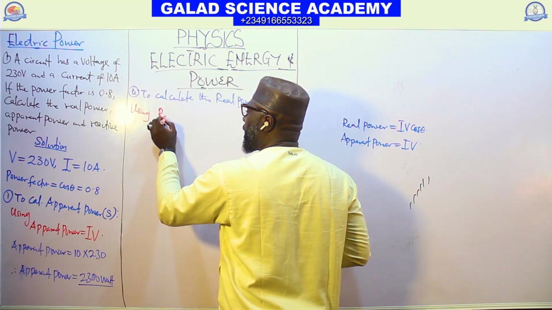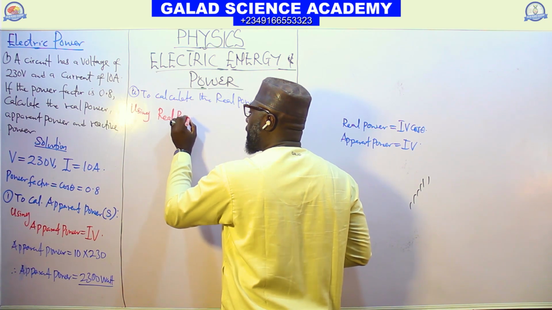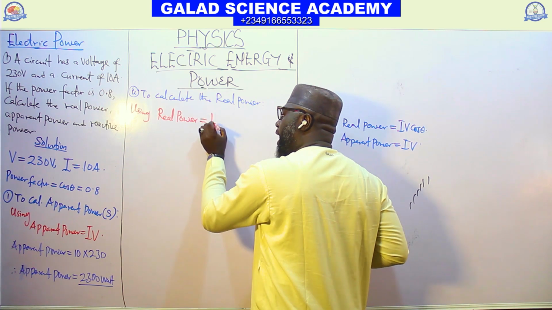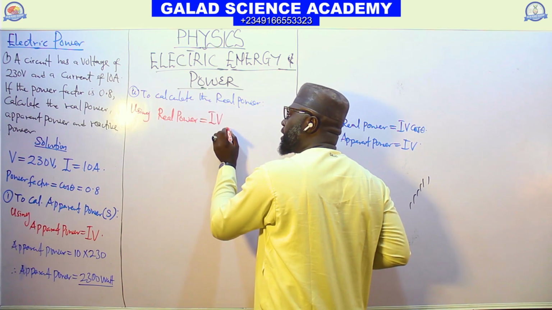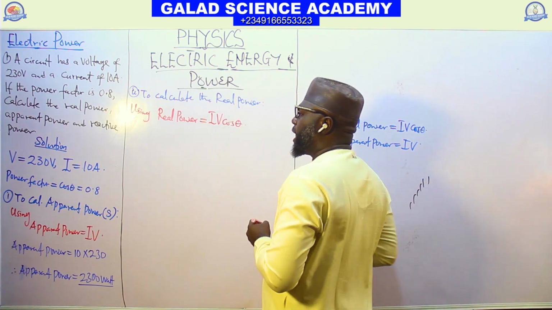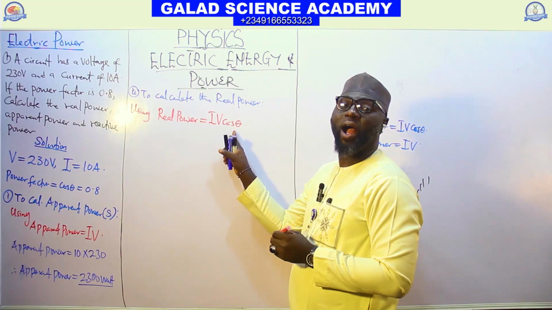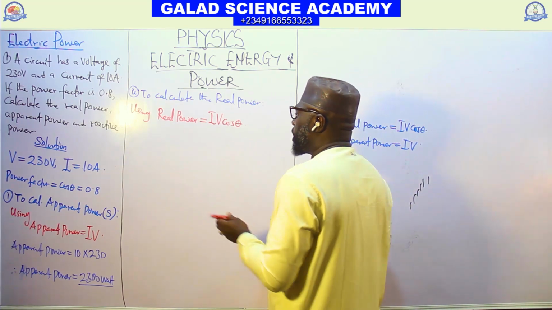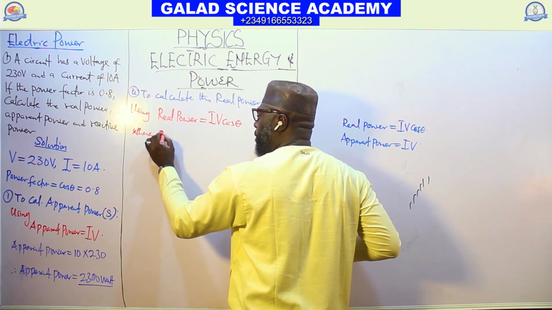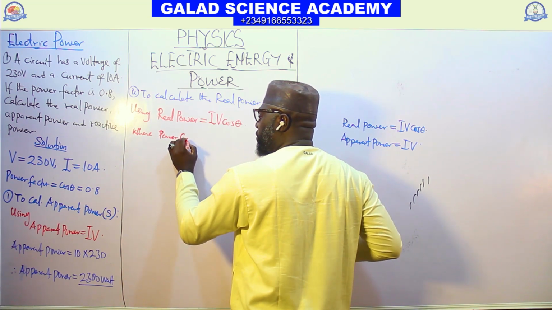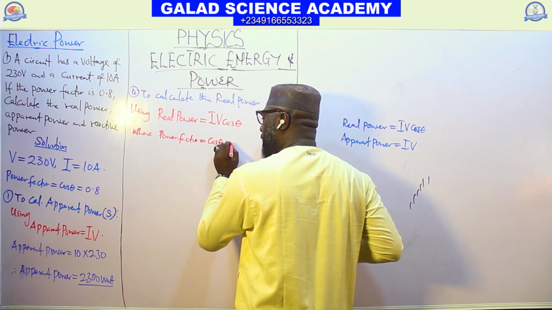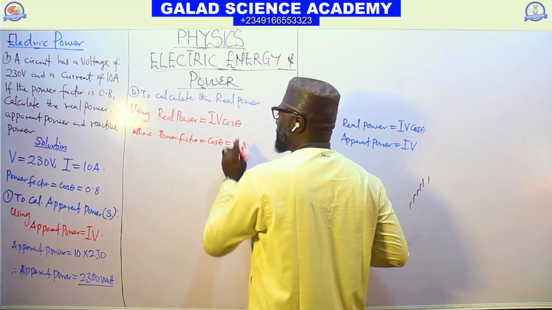Real power will be equal to IV cos theta. And this cos theta is the power factor. Where power factor is cos theta, 0.8.